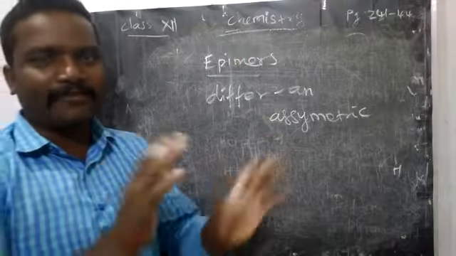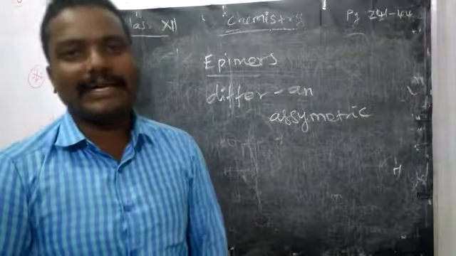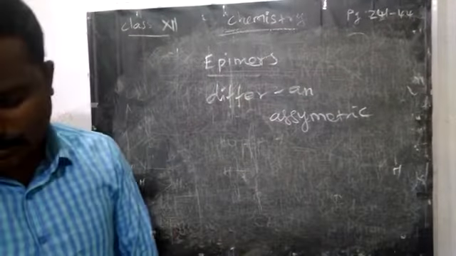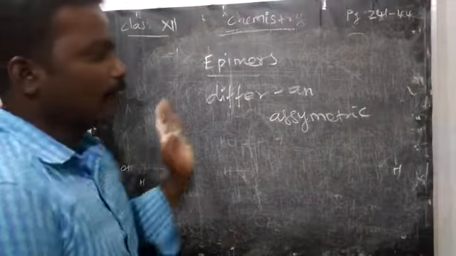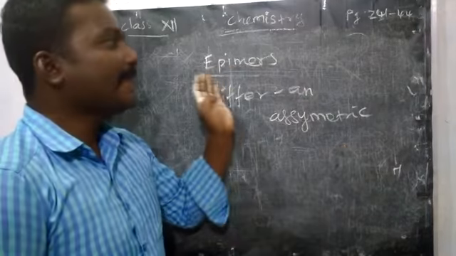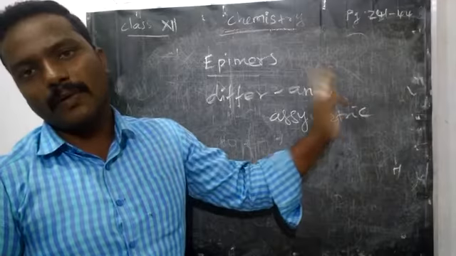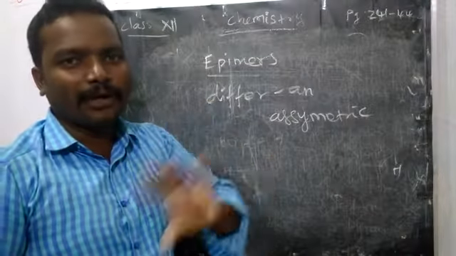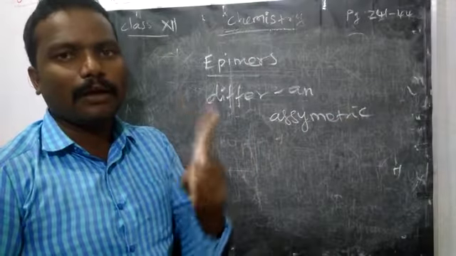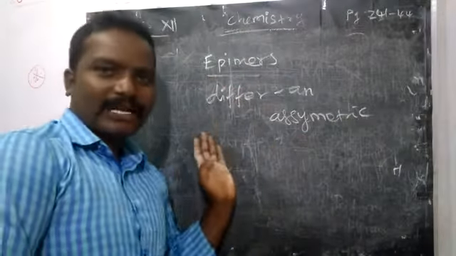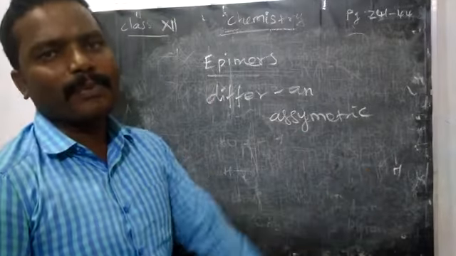They differ based on only one chiral carbon, that is, an asymmetric carbon. The conversion of one epimer to another epimer is called epimerization.